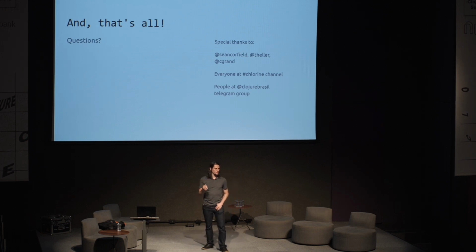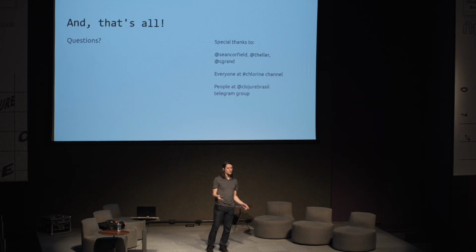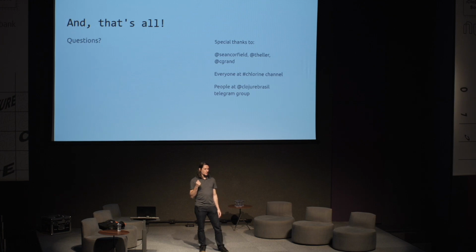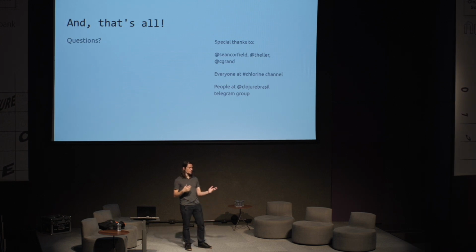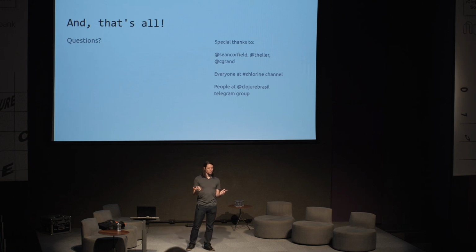Chlorine started as an experiment to see if I could do Atom plugin development with ClojureScript. And the thing is, it's really hard to develop ClojureScript with the existing tools for Atom, because you have to sideload a REPL, and if you have mixed Clojure and ClojureScript, you would have to keep switching REPLs and exiting.